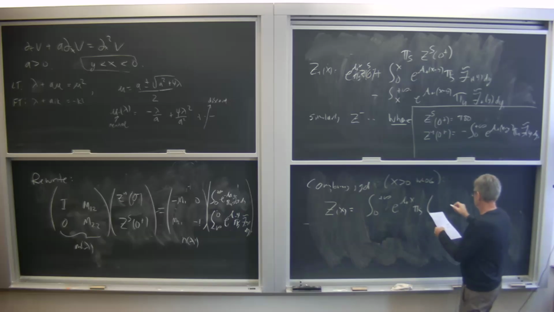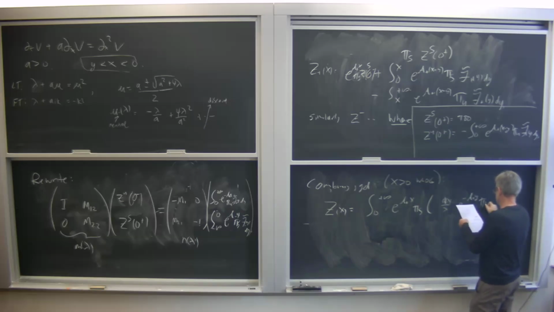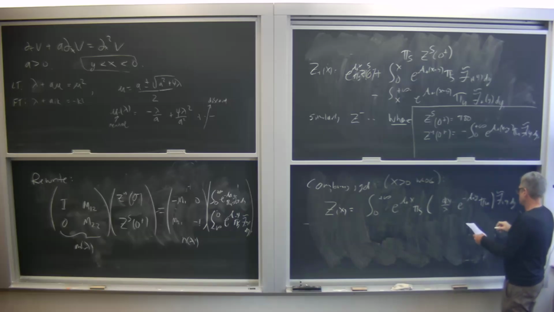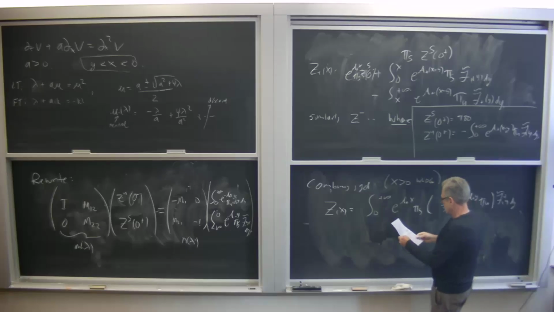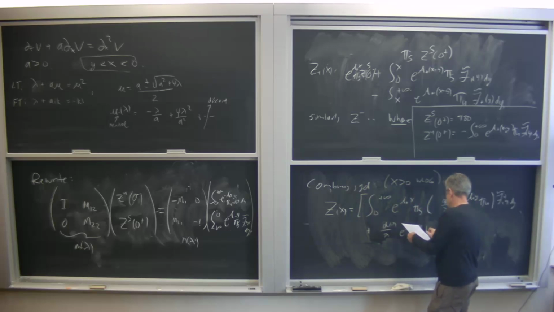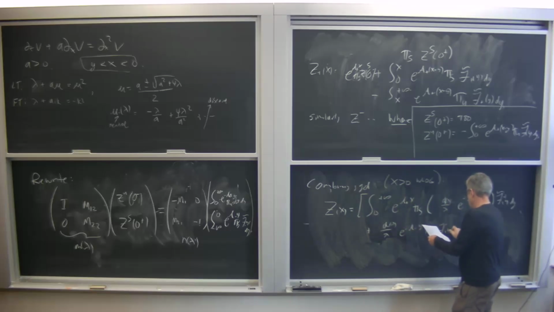And I have d of lambda over lambda e to the minus a plus y pi unstable f tilde of y dy, that would be plus, and then plus d minus of y over lambda e to the minus a minus y pi s f minus of y dy.